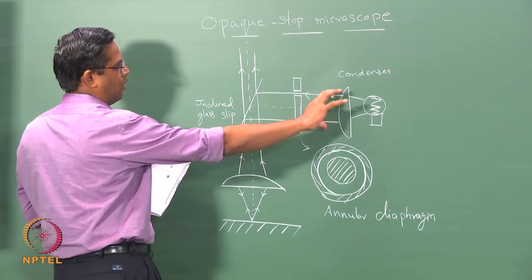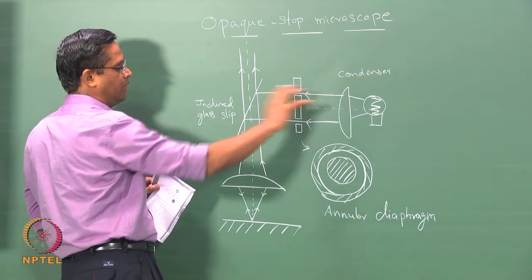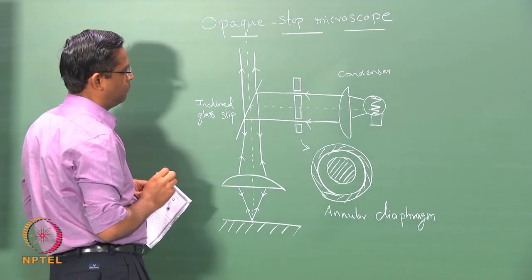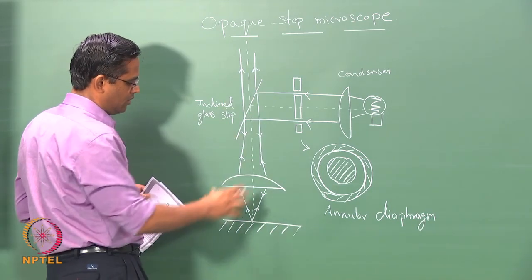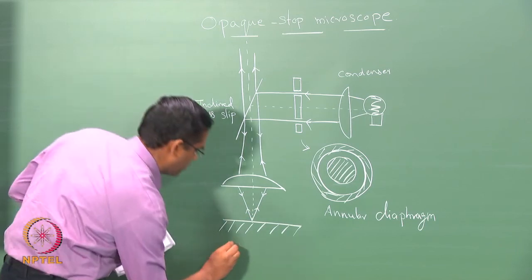So only a cone of light is passed through this microscope, reflected onto the objective and then to the object.